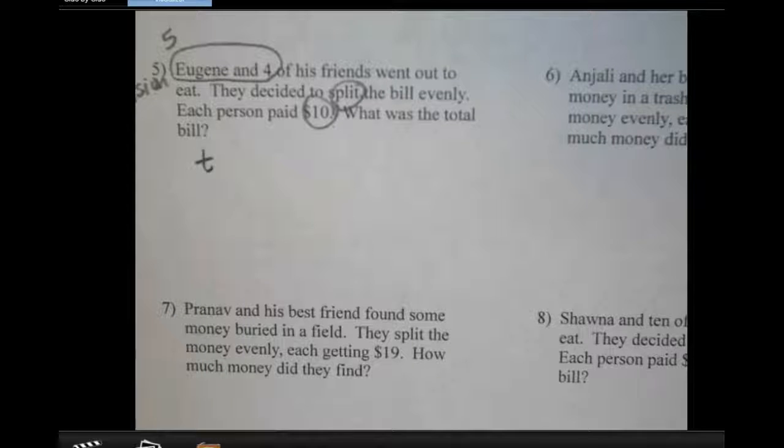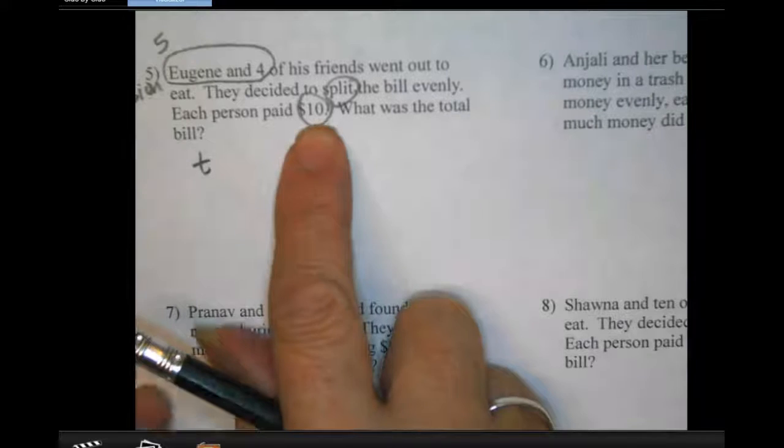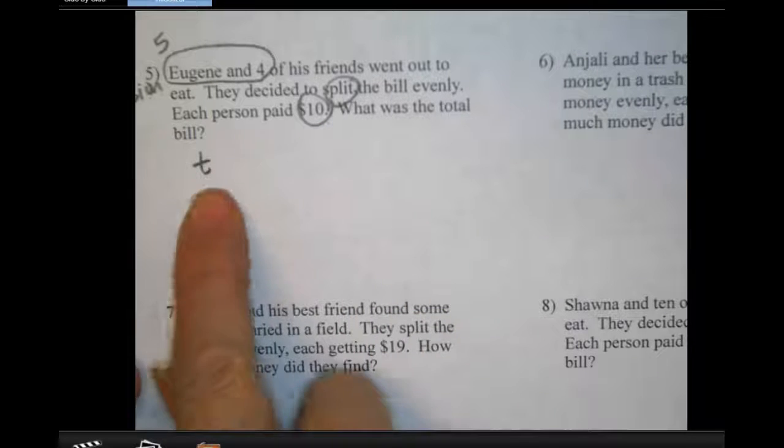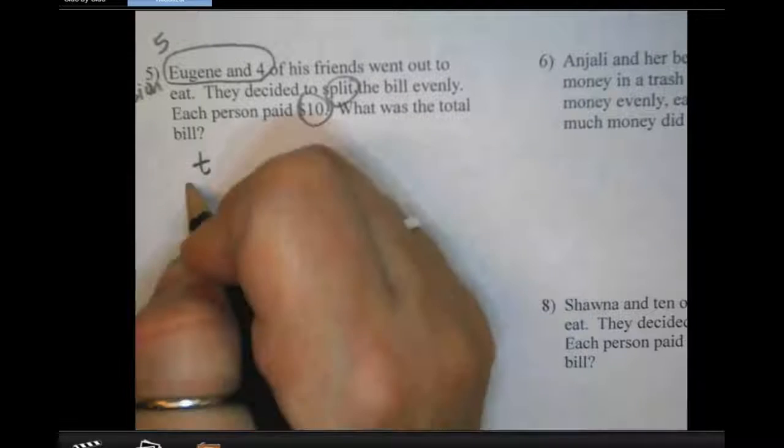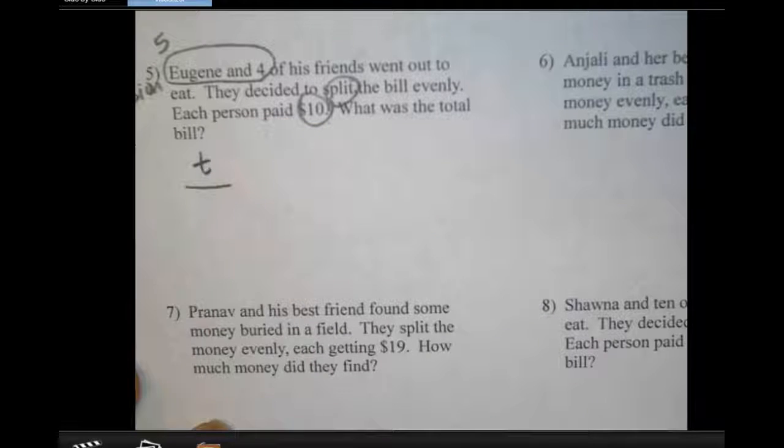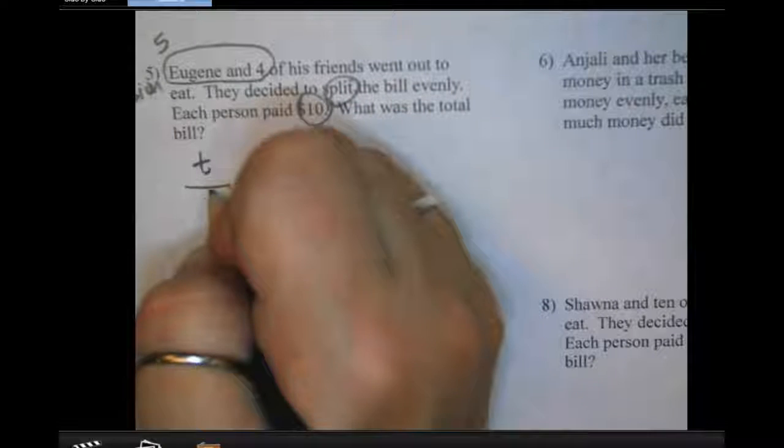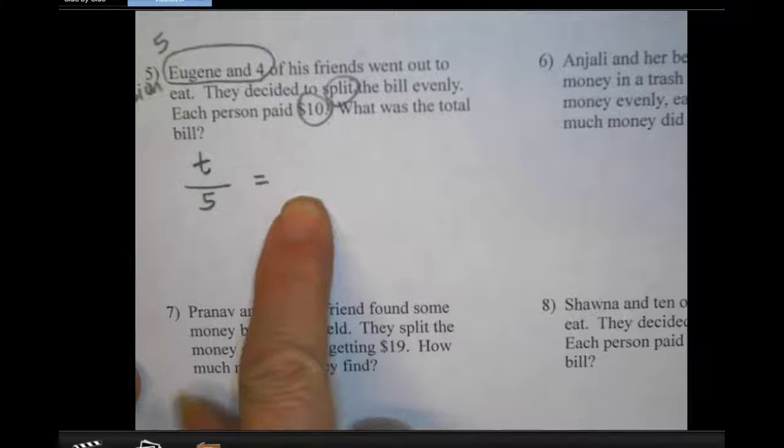No, because it's a split. It says split, right? But then it tells us that they each paid $10. So the total divided by what? By 5, right? And how much did they end up paying then? $10. So it is division.